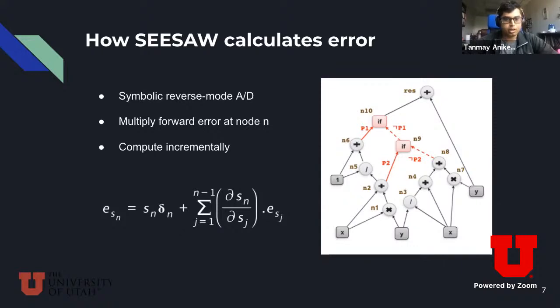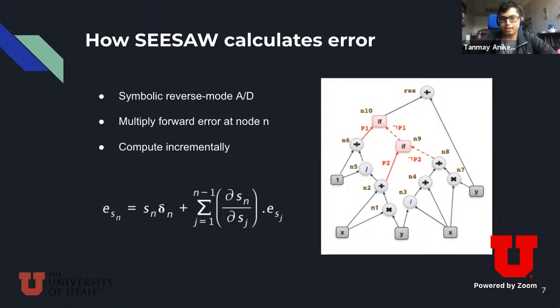The first term on the RHS is the local error introduced due to the final operator, with delta being the round-off error. In the second term, we sum over the errors from the internal nodes. And while doing this, we multiply the forward error at node n with its path strength to include its contribution to the error at the output node.